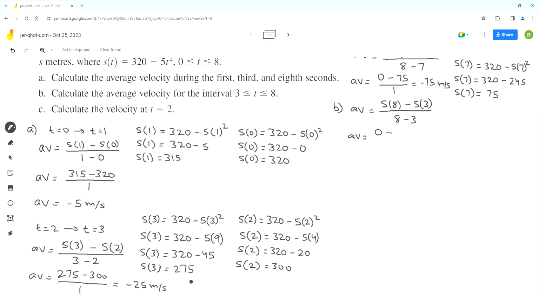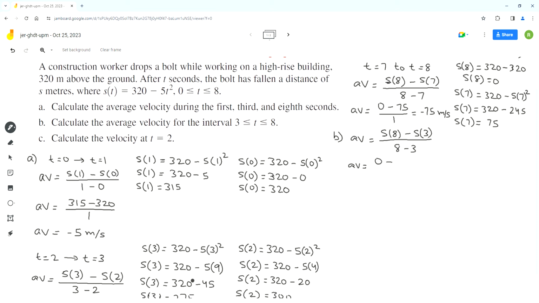So s at 3 is equal to 275. So negative 275 over 5. And now we can simplify this. So I got negative 55 meters per second. So that's the average velocity from 3 to 8 seconds.